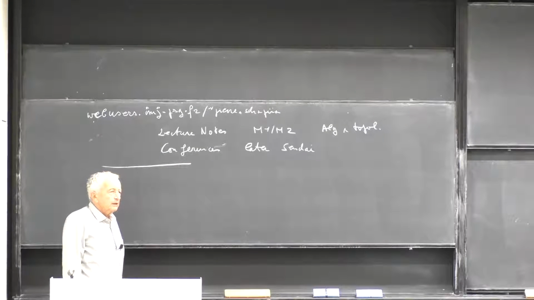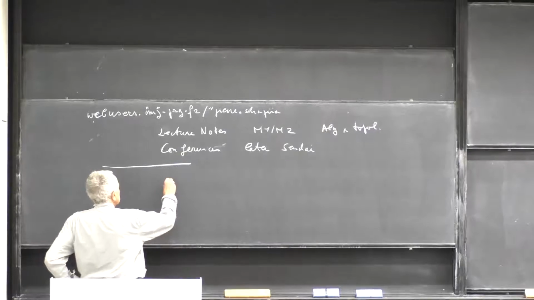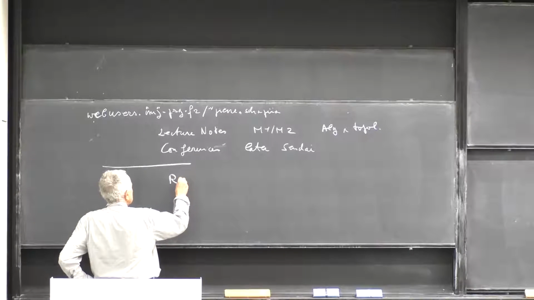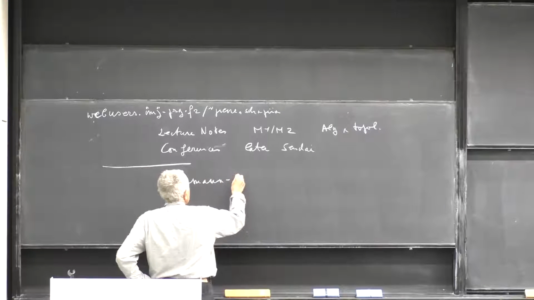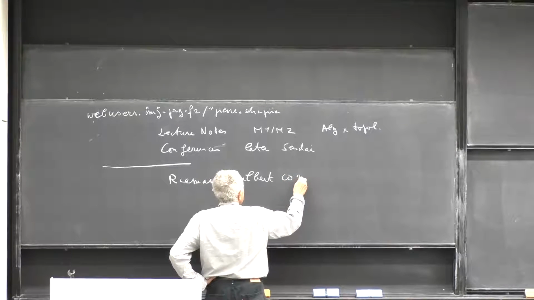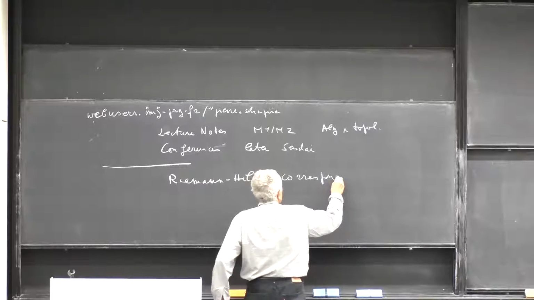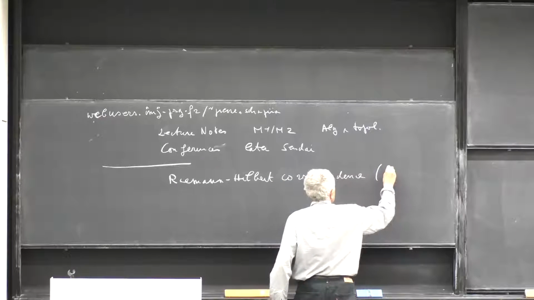So today it's very ambitious. I want to explain a sketch of proof of the so-called Riemann-Hilbert correspondence, but in the regular case.